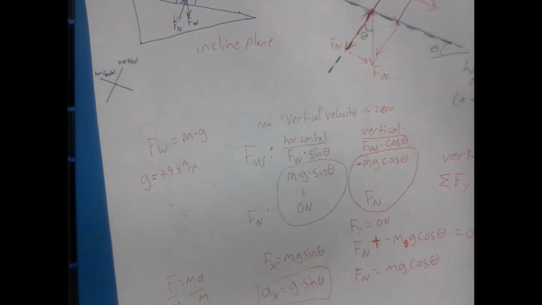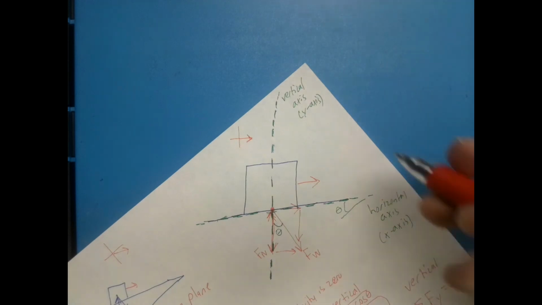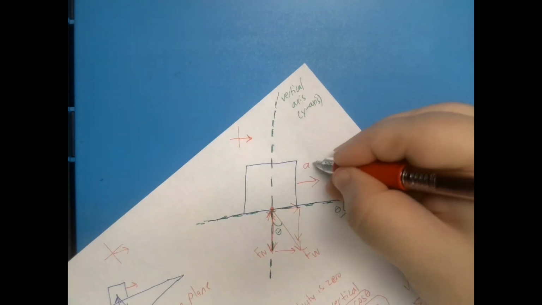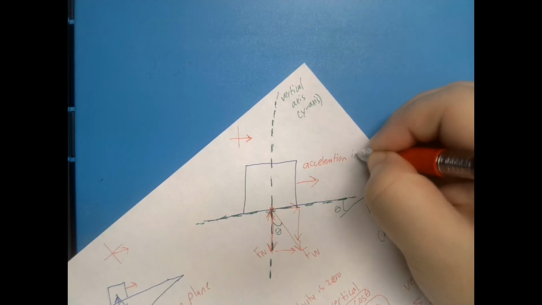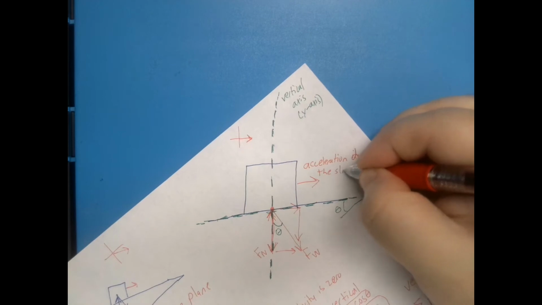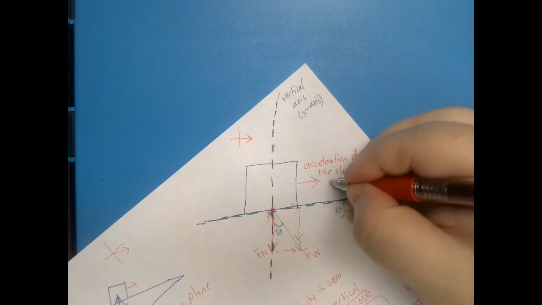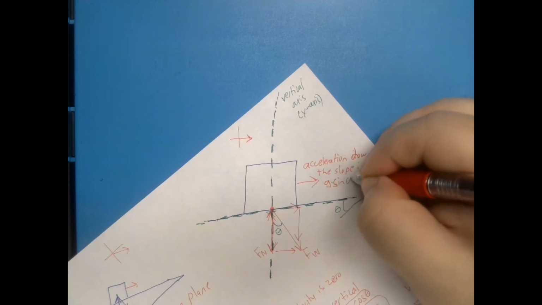So that means, going back up here, the acceleration down the slope is g times sine of theta.